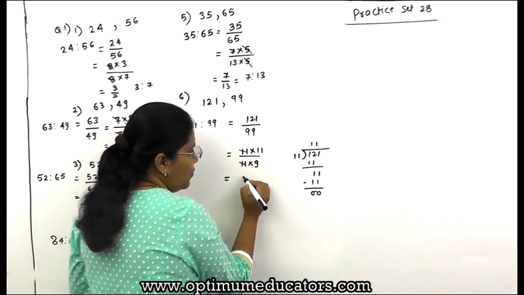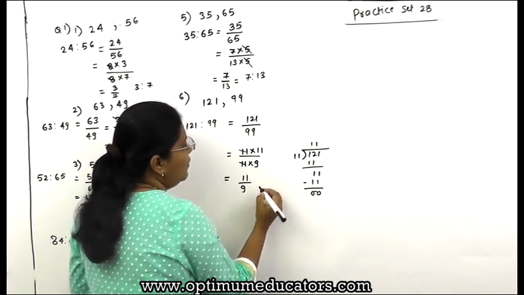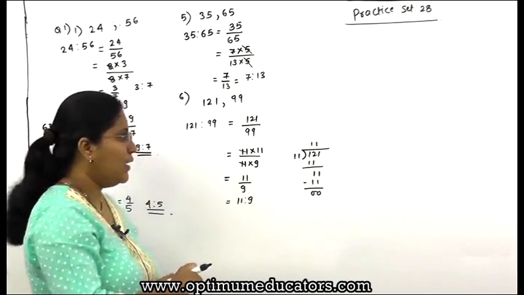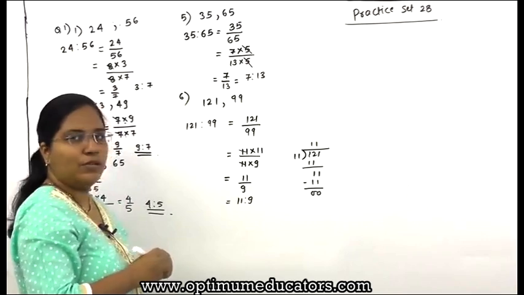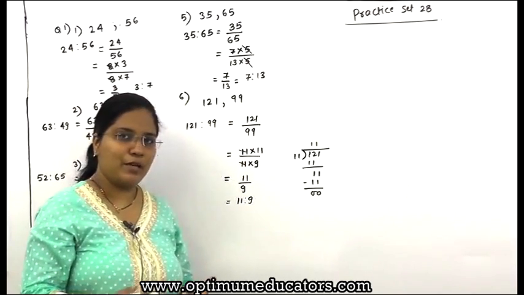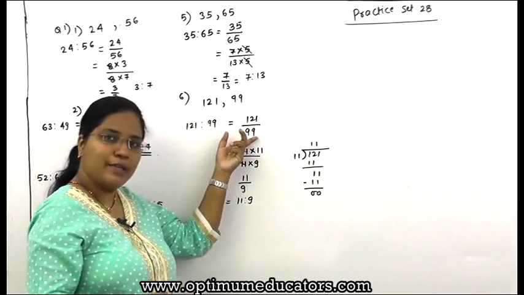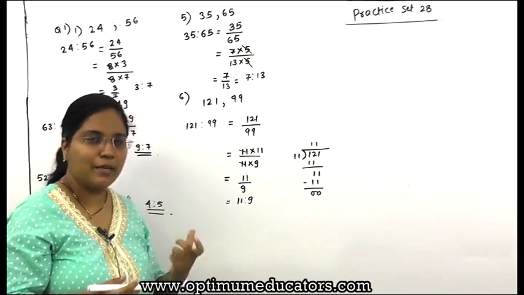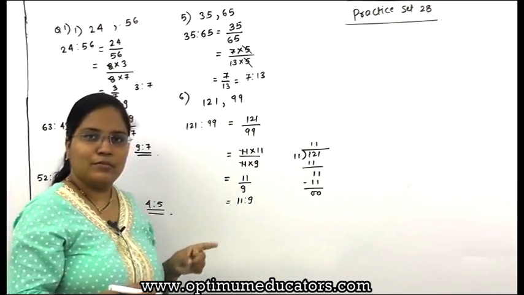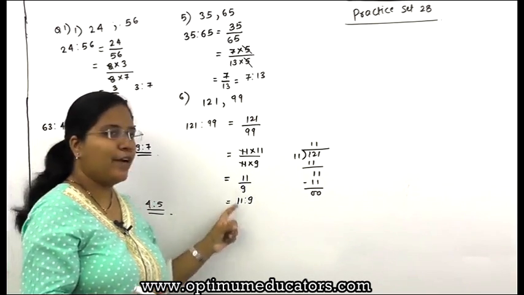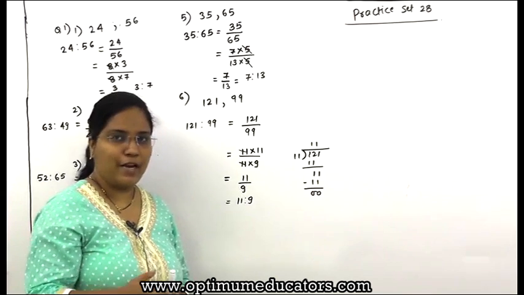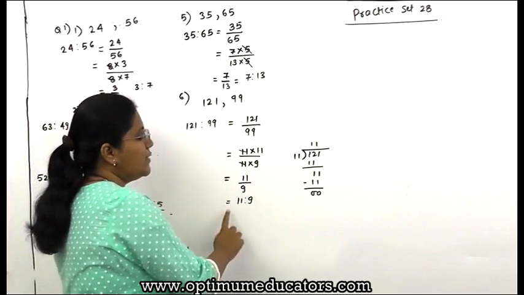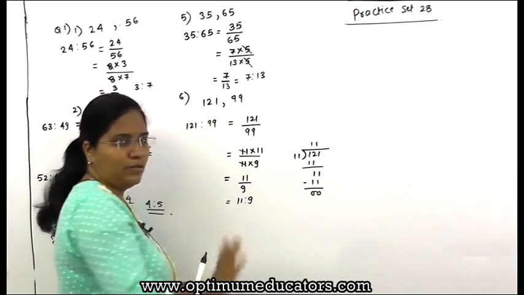So 11 goes off, it comes out to be 11 upon 9, which is 11 is to 9. Now whenever you don't know factors of one particular number, let us try with denominator or numerator. You might get a common multiple, which you can later on cancel off and find out the equivalent fraction. So 121 is to 99 is same as that of 11 is to 9.